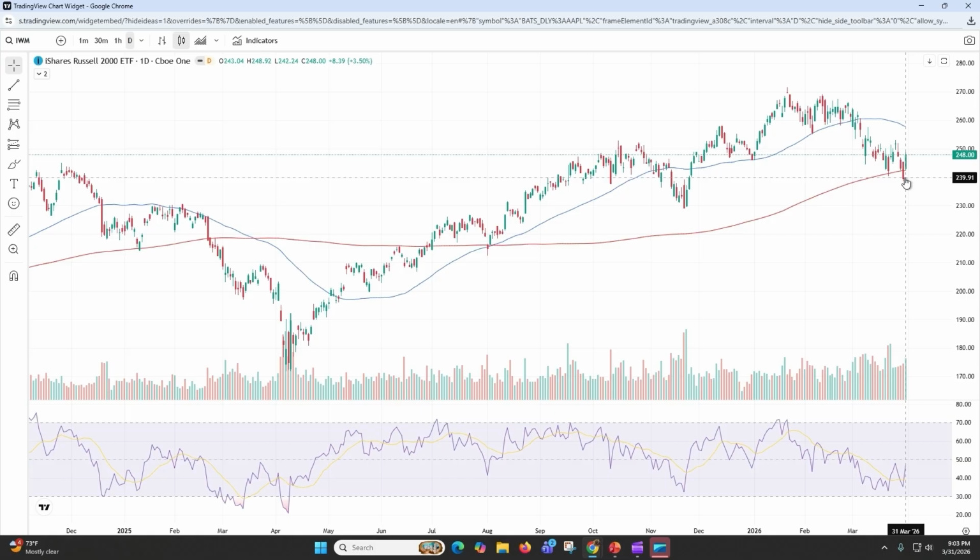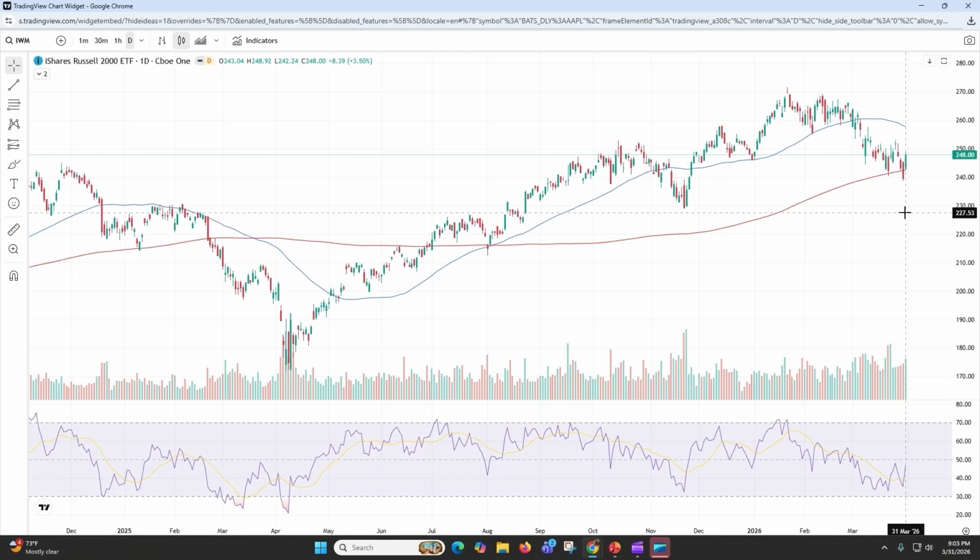A little bounce here, you took out the Friday highs, but really until we get through this 253.07 level on IWM, you can't really say that this downward trend channel has been broken. But as long as this rhetoric gets a little bit better, I think that markets can continue to sort of bounce.